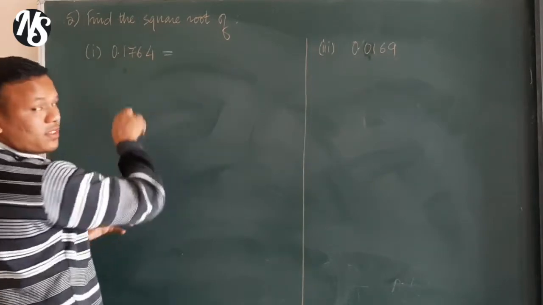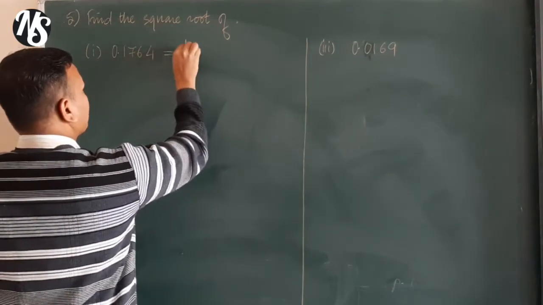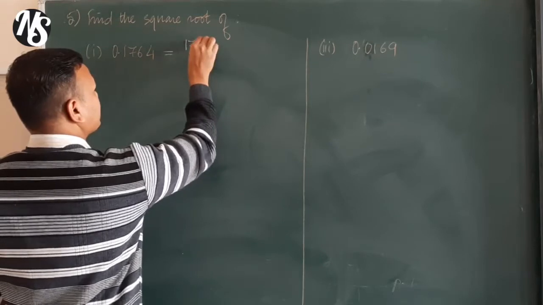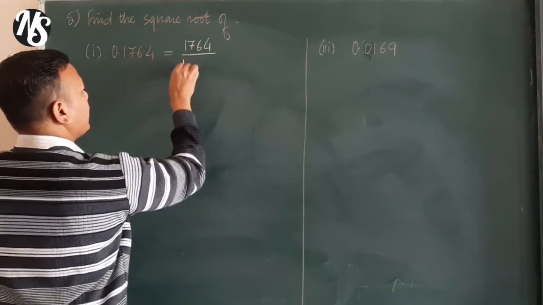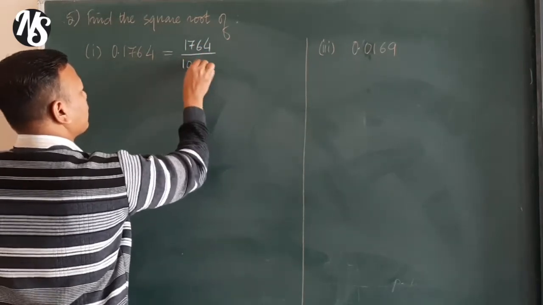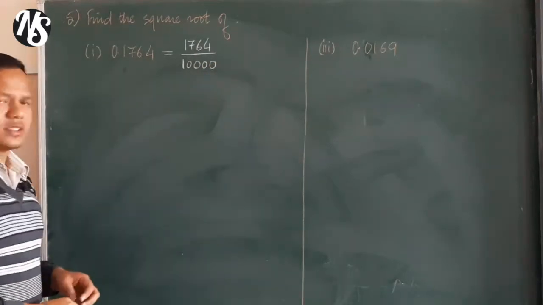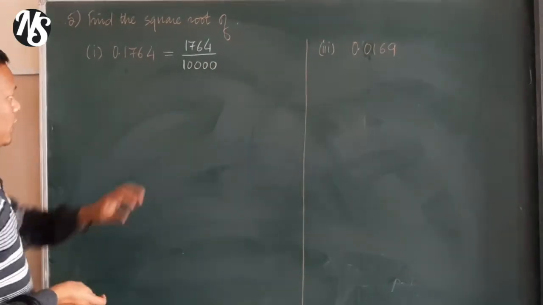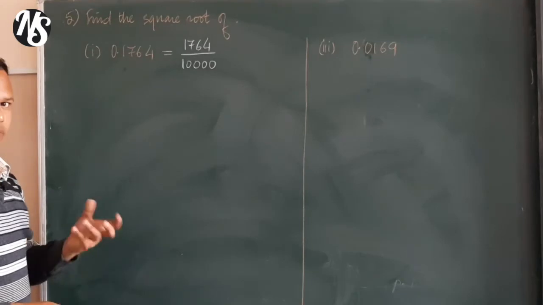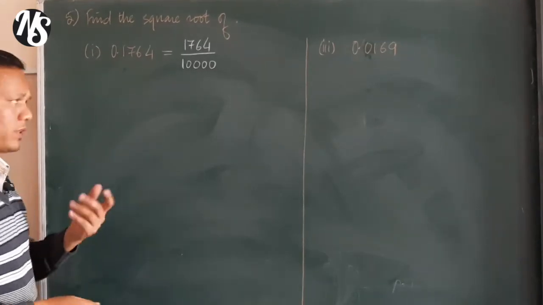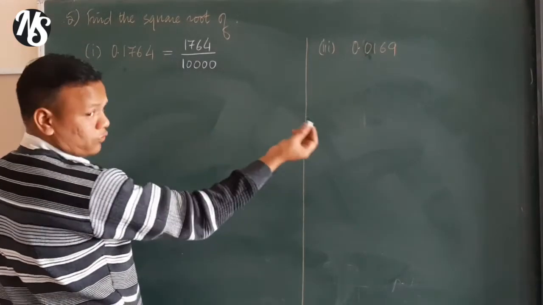So if you convert this into fractions, you get 1764 whole divided by how many zeros? There are 5 zeros, isn't it? Yes. Now after that, you will cancel them. So let's cancel with 4.